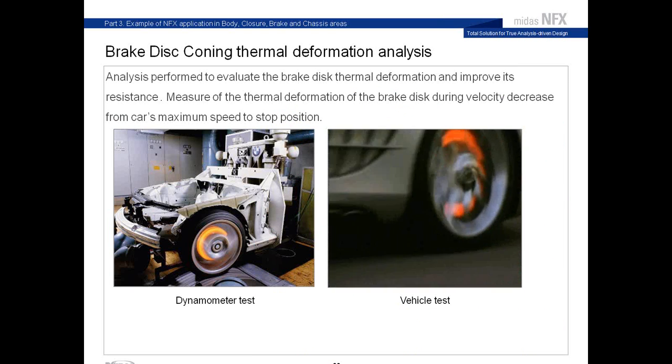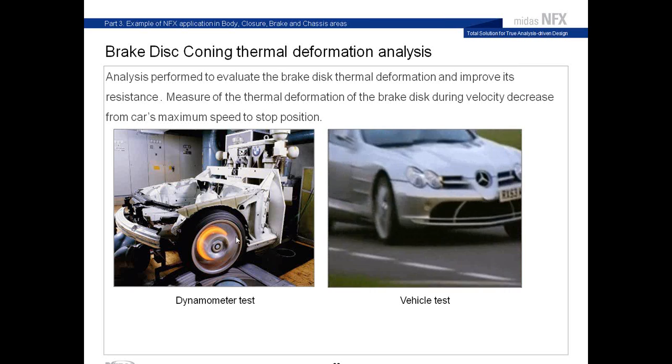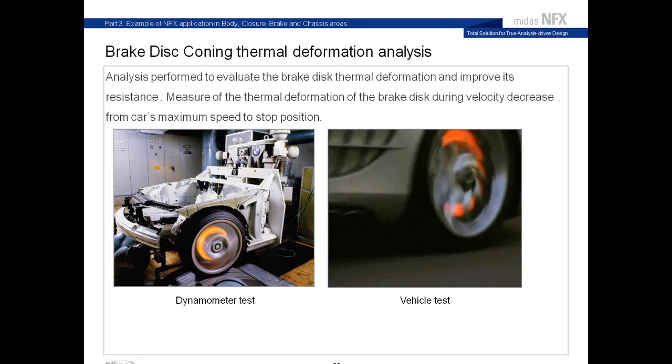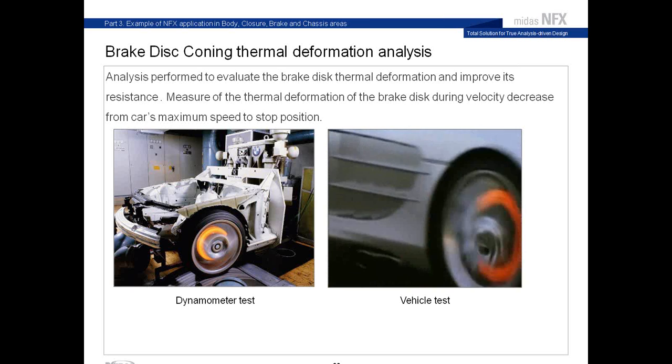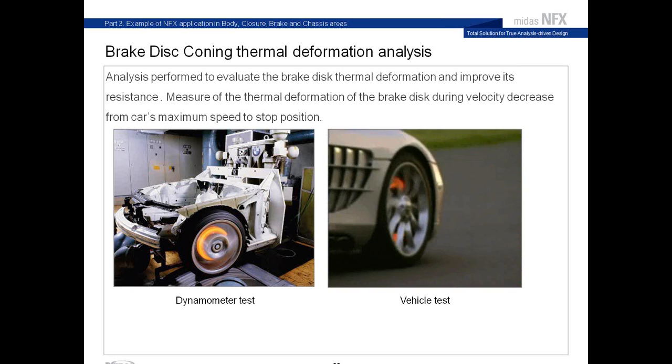Now let's talk about another type of analysis, which is thermal analysis, which is also performed on this brake disc. Thermal analysis is made to evaluate the deformation caused by the temperature on the brake disc.